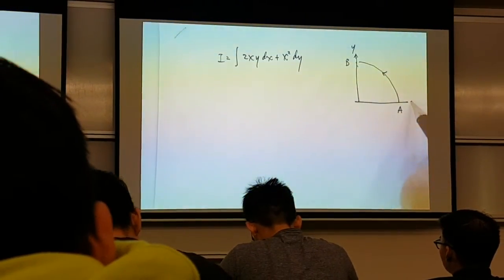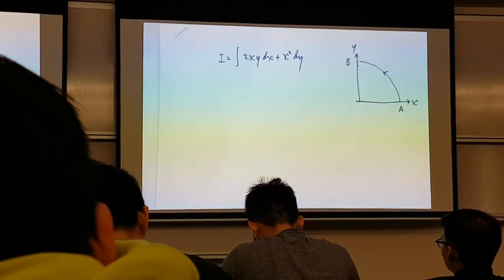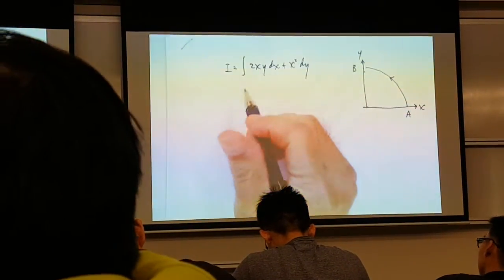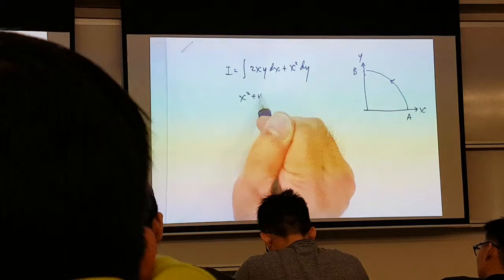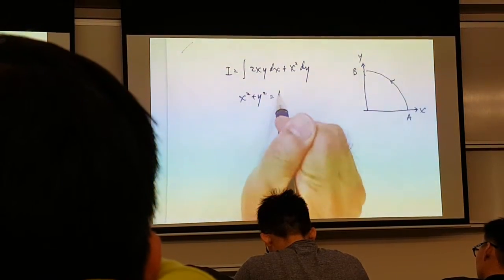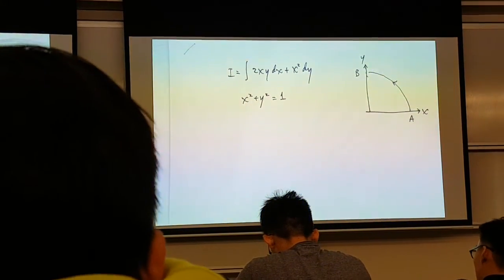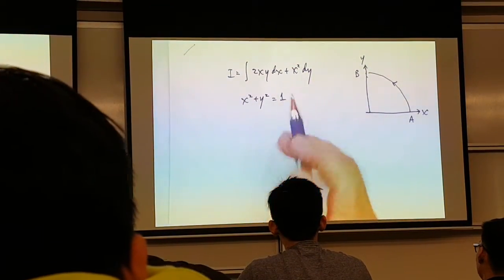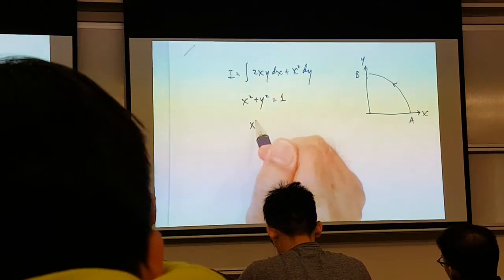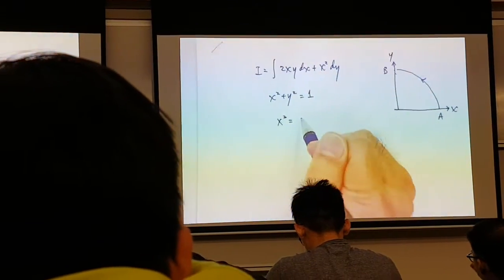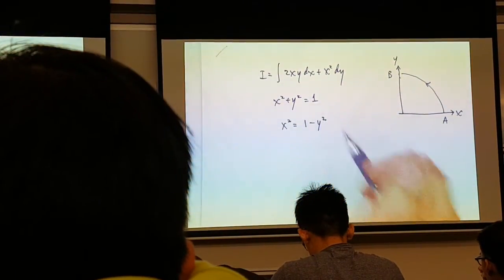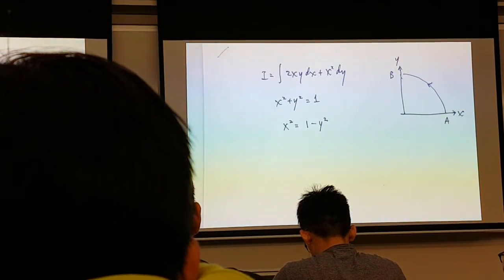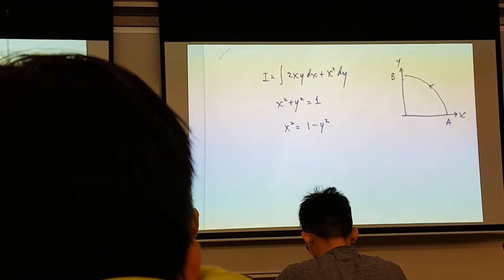So this is your x, this is your y. The circle is given by the relationship x squared plus y squared equals 1, and we are in the first quadrant. Based on this relationship, straight away I can write x squared equals 1 minus y squared. I can write it that way.